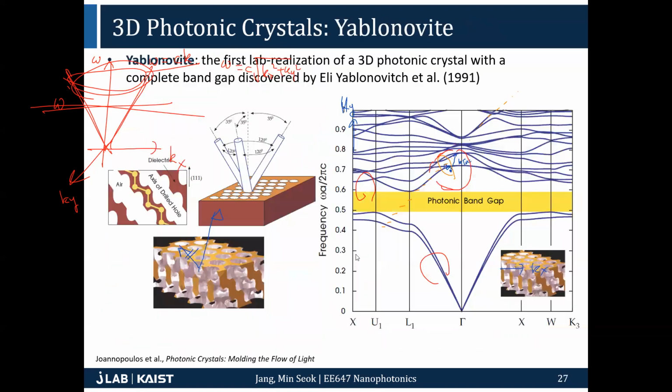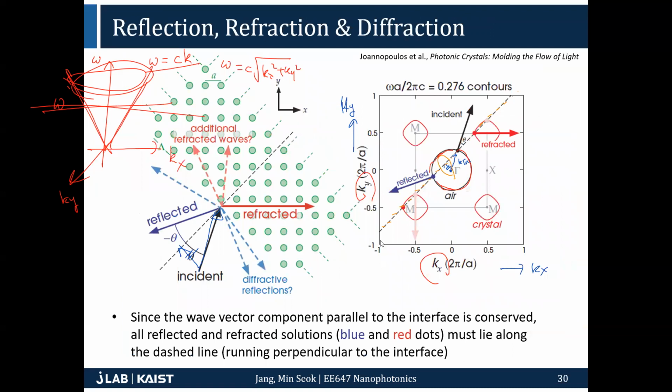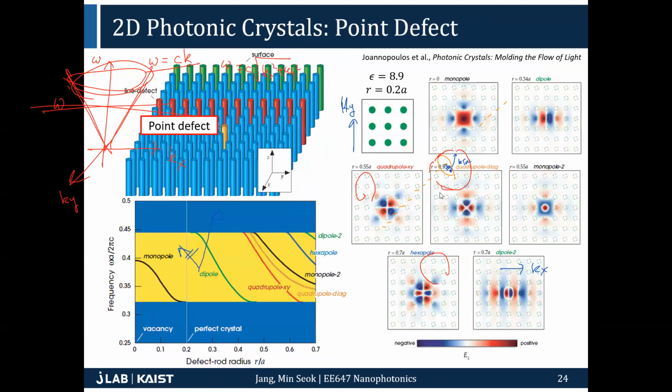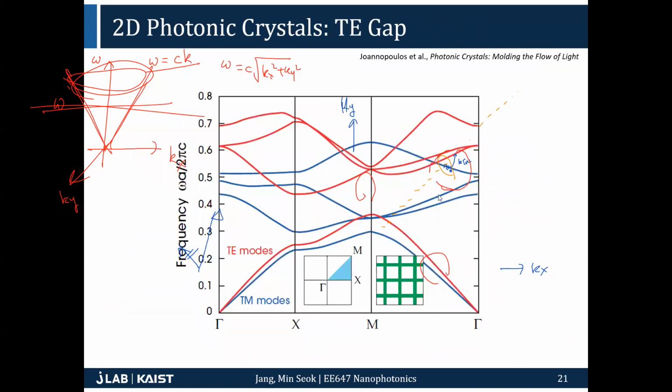Now go back to this case. At that specific frequency, your dispersion relation cross-cut looks like a circle around the M point. Let's say this is your M point.